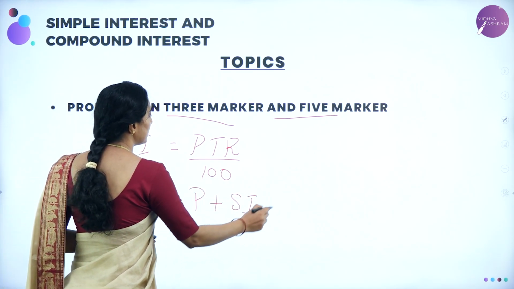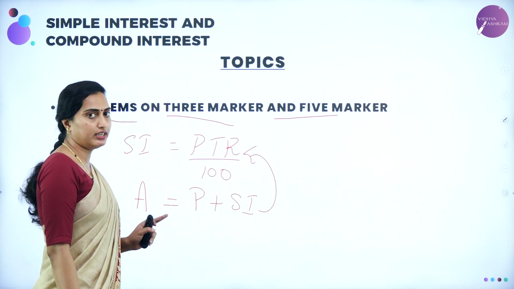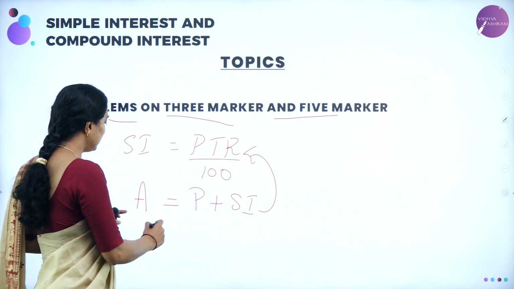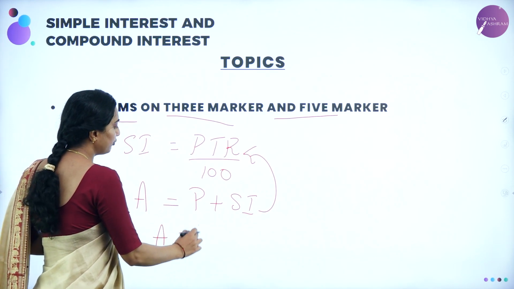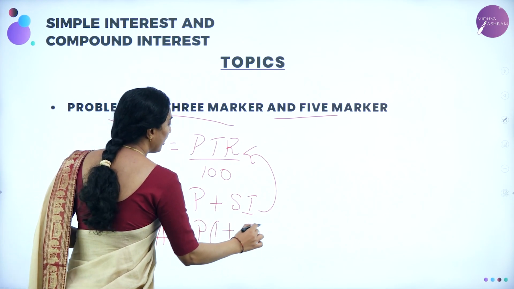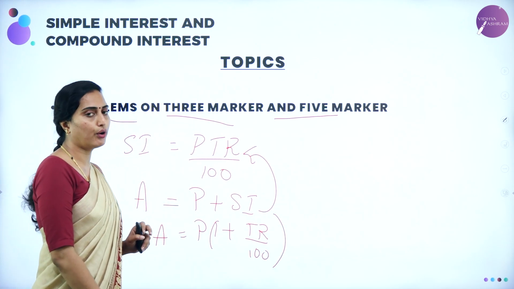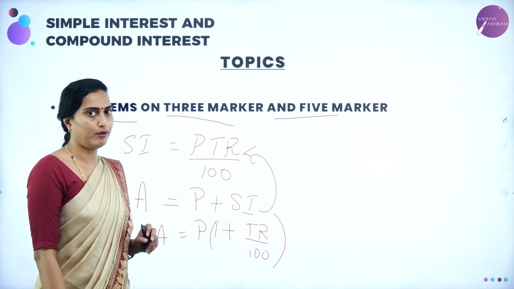SI is nothing but the same formula. Then P you are going to get as a common factor. Then the final formula you are going to get is A equals P into 1 plus TR divided by 100. Okay. This formula also you are going to use to solve the problems.